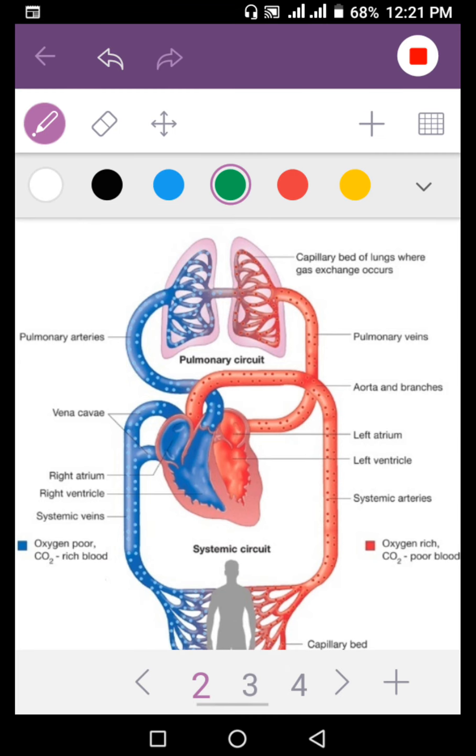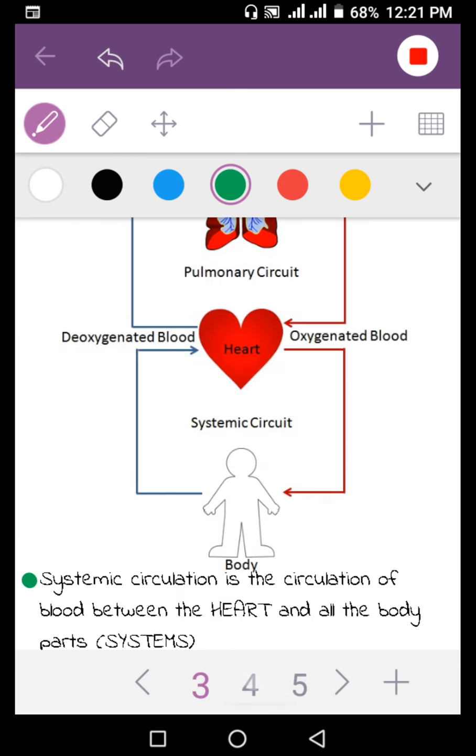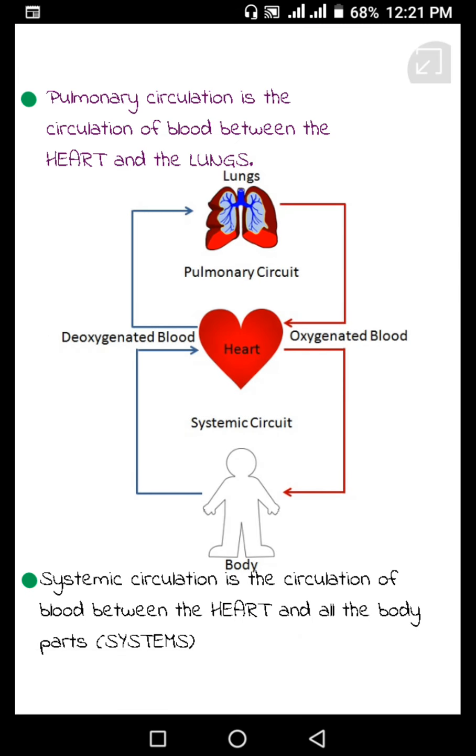Now, what do we mean when we say, by the way, double circulation is made up of 2 forms of circulations. So double circulation is a combination of pulmonary circulation and systemic circulation. So these 2 things make double circulation.